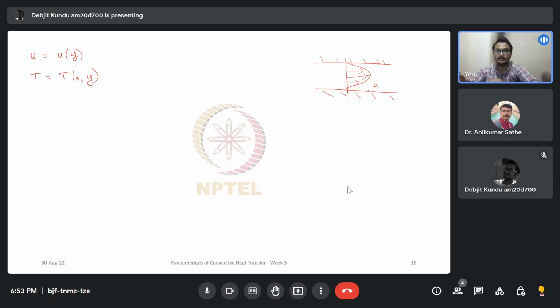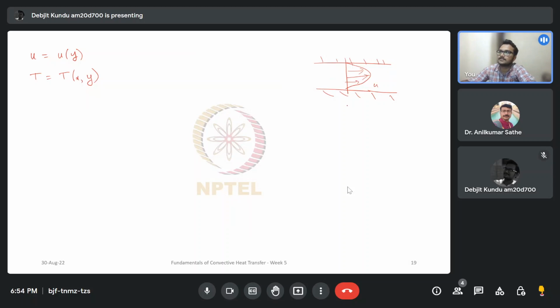The philosophy behind it is that if I know the bulk mean temperature as well as the average u, I can multiply them and have a sense of what is the energy that is being transported, or the total heat flux through any section. So let's take this section for example. I have distributed u. There is a flow through it, and each particle has a certain temperature associated with it as well.